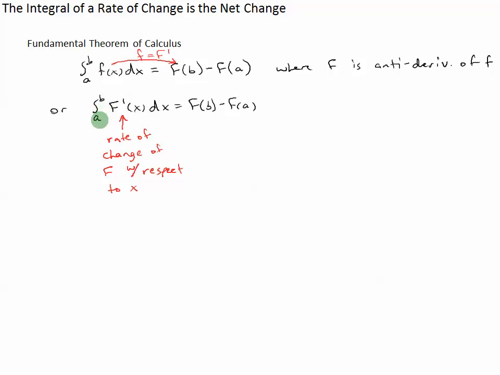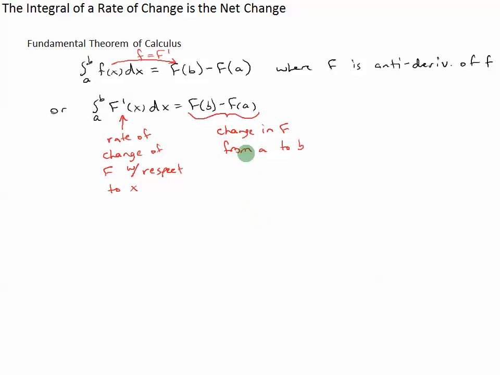So if we integrate that from a to b, what that gives us is the change in F, right? This rate of change, when we integrate it, we get a change in F from a to b.